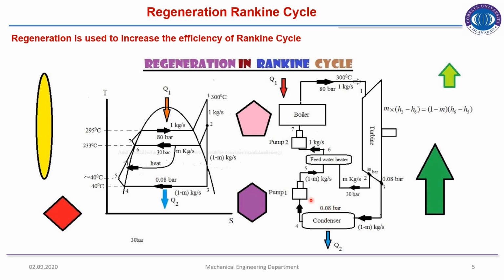In some processes we will be entering a coolant or cooling water, or some device will be connected to this condenser that is taking heat out, or some fan must be flowing air that is taking heat out through this condenser. So that energy will also be reduced, because initially it was 1 kg and now 0.7 kg of mass per second is flowing through that condenser. So the condenser work will also be reduced.